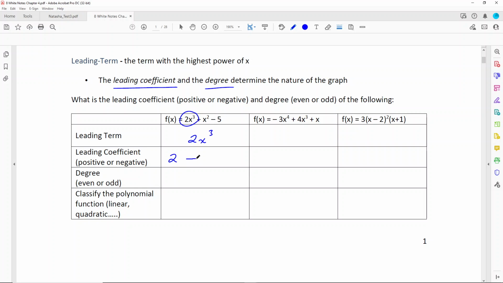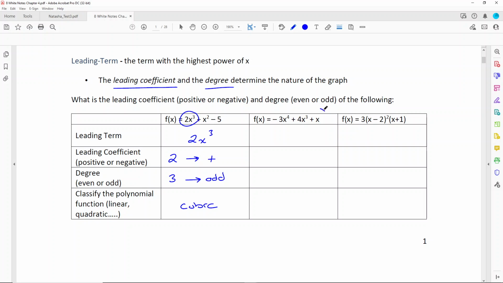What I care about is that this leading coefficient is positive. The degree is a 3rd degree equation, which is odd. Again, I don't actually care that it's a 3. I mean, that is sort of important, but what I'm going to show you is that odd graphs share certain characteristics. And because it is a 3rd degree, we would classify this as a cubic function.